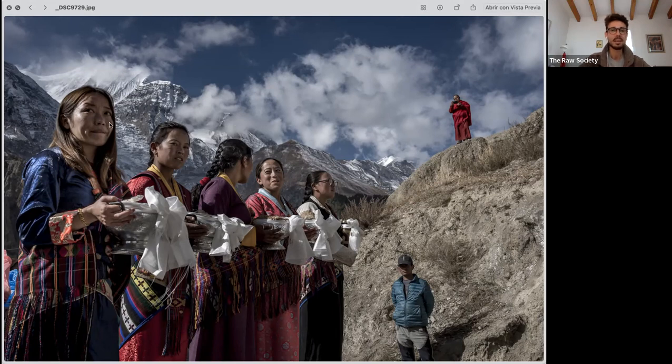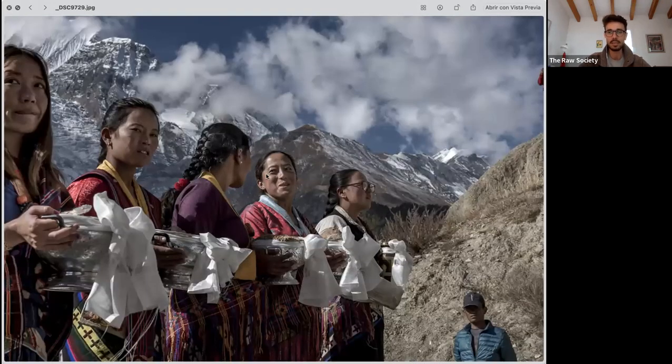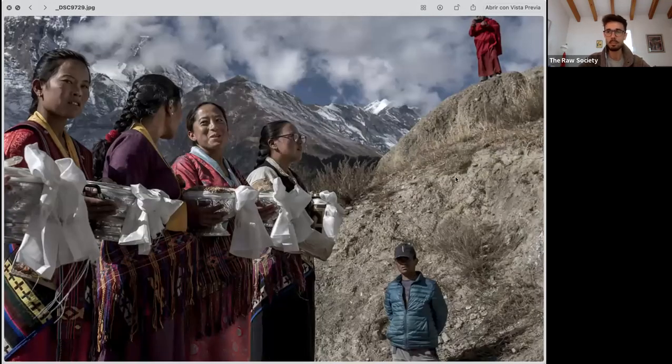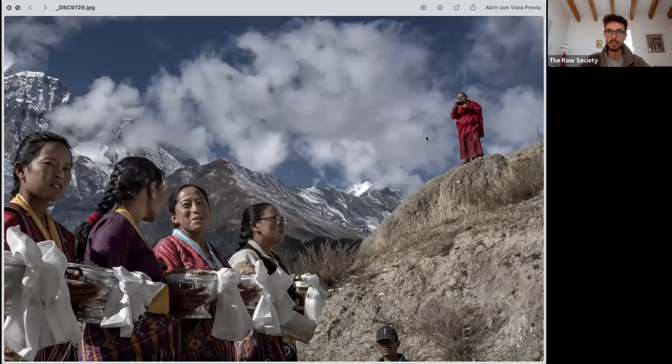But as you can see, these two are like, okay, let's go, but these two were joking, and you can tell that she's about to laugh, and this guy is thinking, what the fuck is this guy doing here in the middle of the Himalayas in Manang taking pictures, and the monk here is taking a selfie, which I found fantastic.